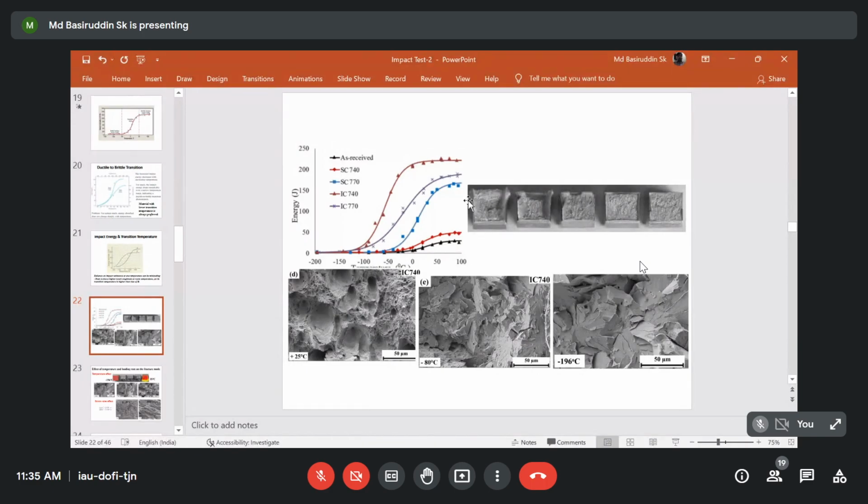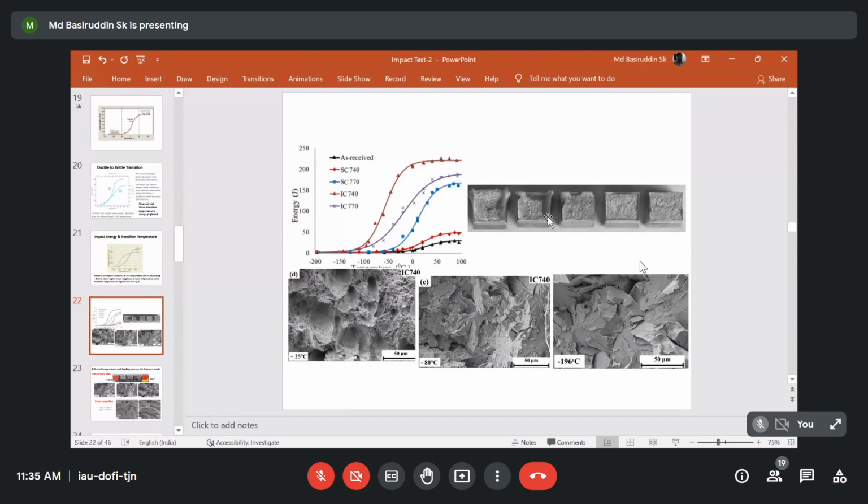temperature. And here I was talking about that if you do the test at high temperature, then the side zone is called the shear lip zone, where shear fracture has happened. These shear lip zones will develop, and they contribute to the propagation energy.